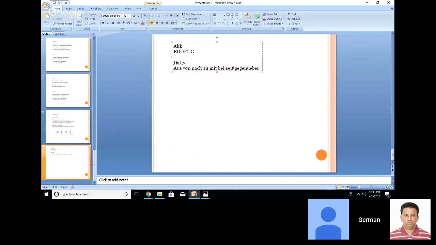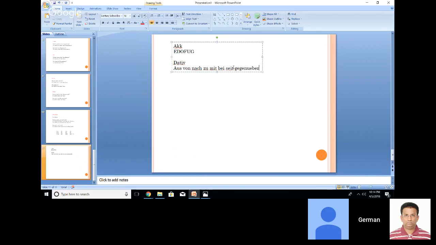And when we place these prepositions, do we change the noun? Does something happen to the case of the noun? Does the case change? The case of the article, that is the case of the noun itself, does change. We have to replace it with the dative article.